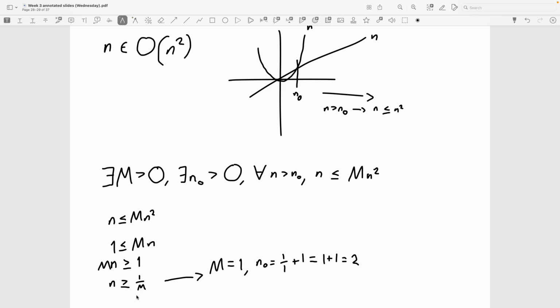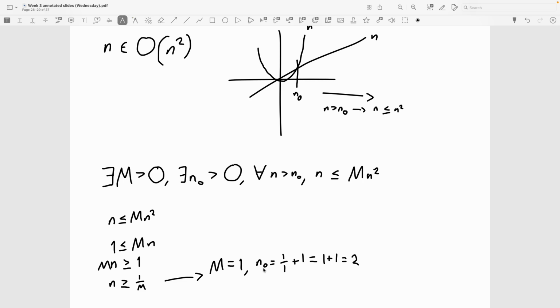I found the constraint that n has to be greater than or equal to 1 over m, and then used that to define a specific value for n naught, which was 2.